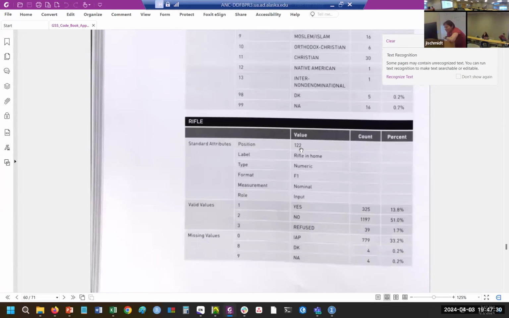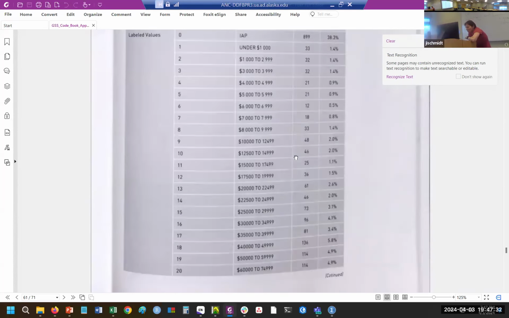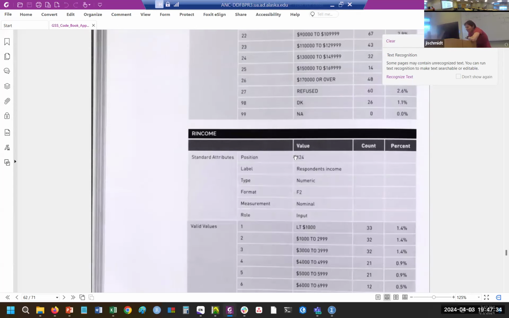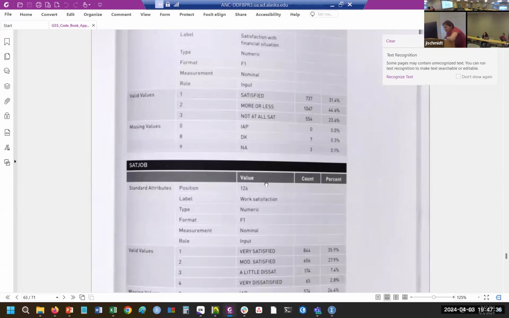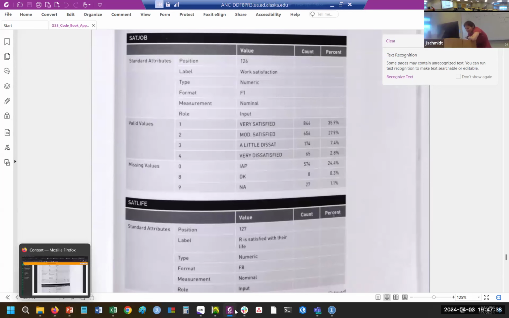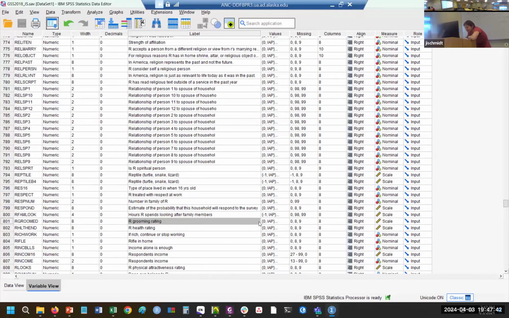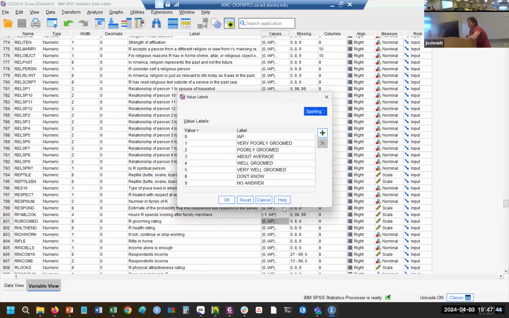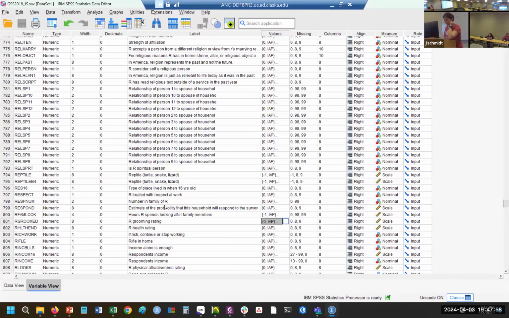RG. Okay, I don't see it in here, I don't know why. I want to look at the values. One is very poorly groomed, oh my goodness, there's a lot of categories. Okay, right off the bat, what type of data is this? This is ordinal. Yep, ordinal.